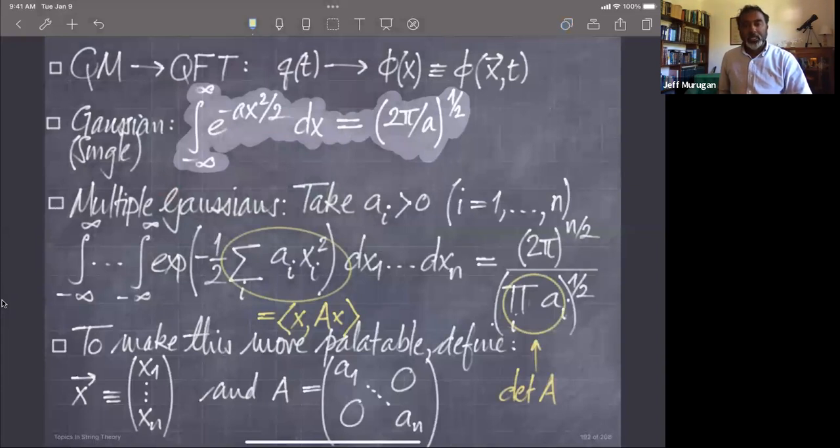Okay? Which means that my multiple Gaussian integrals can then be written in the following way.